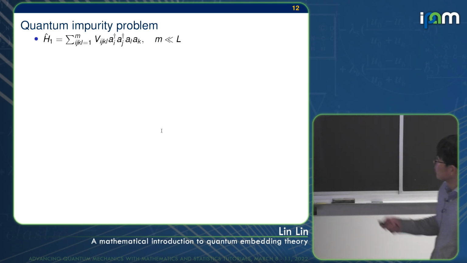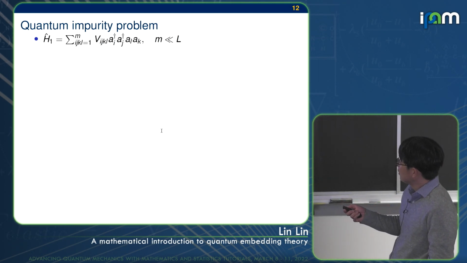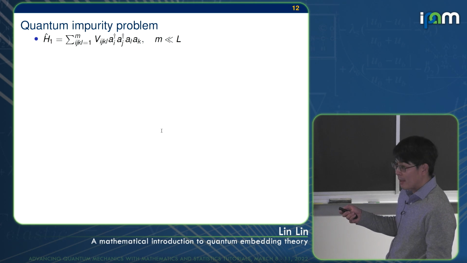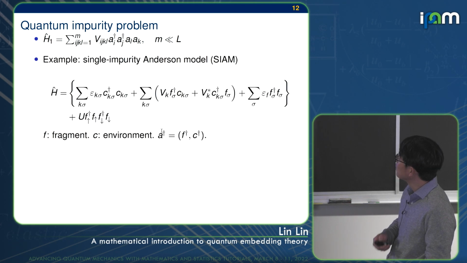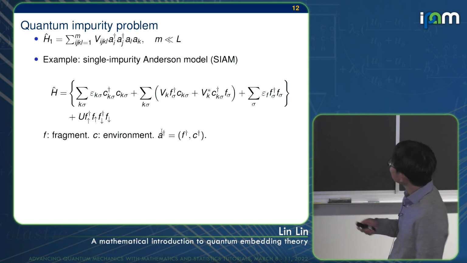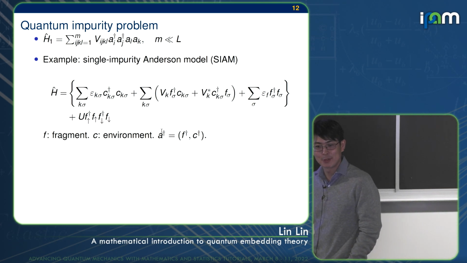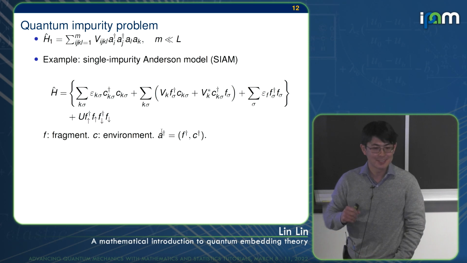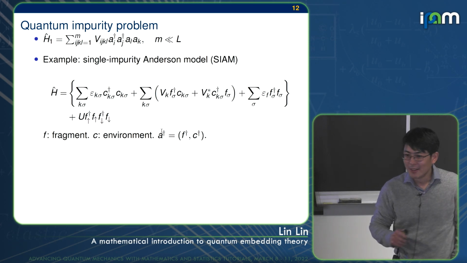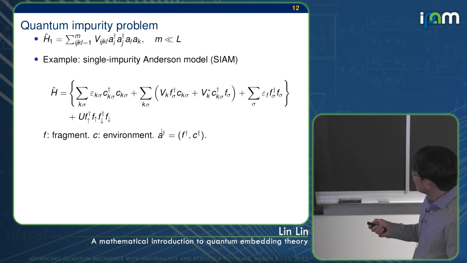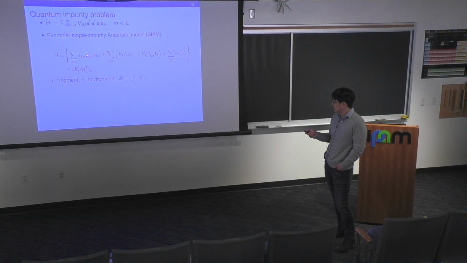So this is what I mean. H1 takes the form with indices i, j, k, l from 1 to M only. M is much, much smaller than L. An example, my favorite acronym, the single impurity Anderson model, SIAM, which is the community I belong to. Society for Industrial and Applied Mathematics, for those who are in physics and chemistry. And this is the single impurity Anderson model.